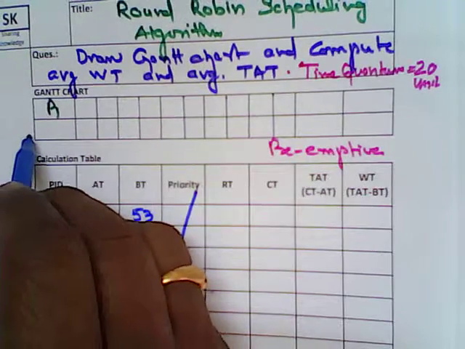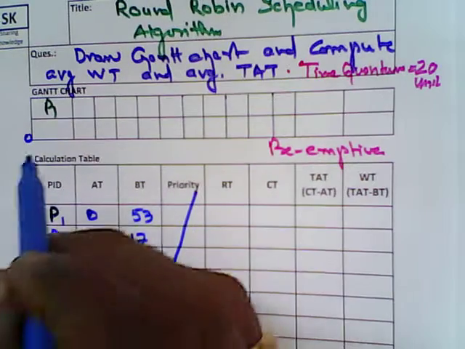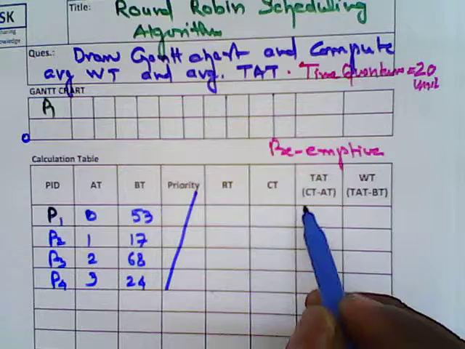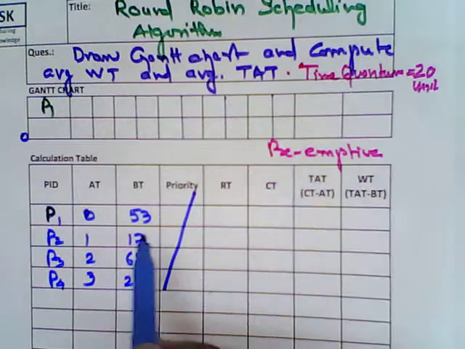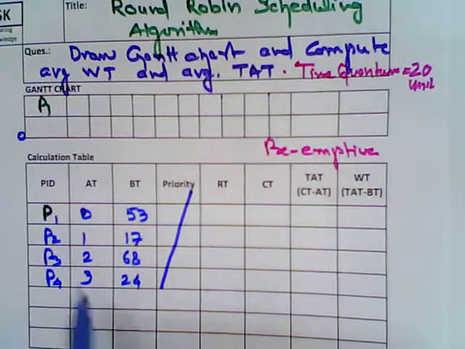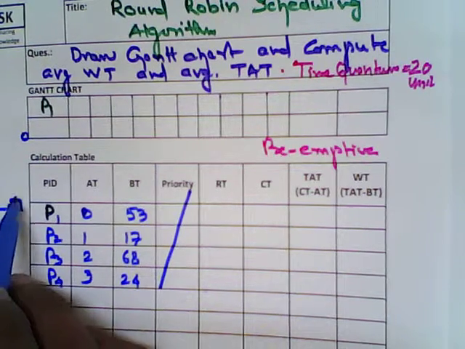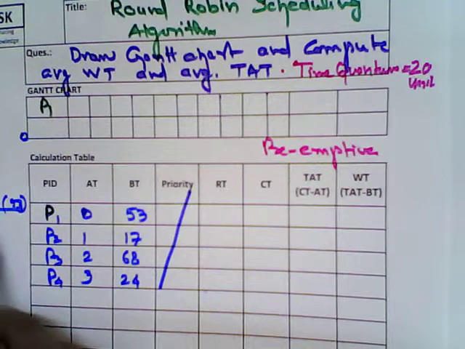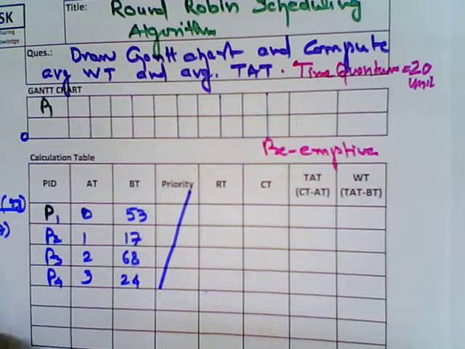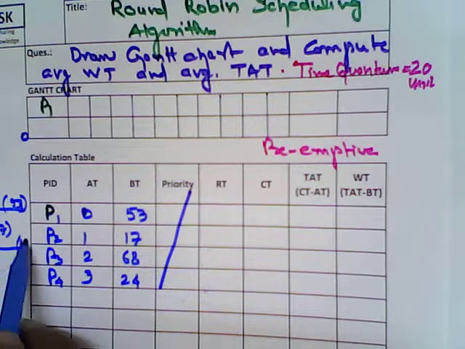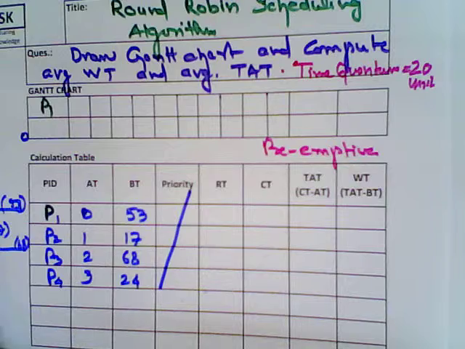It will not run for the total 53. The first process needs 53 unit times, the second process is 17 unit times, the third process is more than that, 68 unit times, and the fourth process is 24.